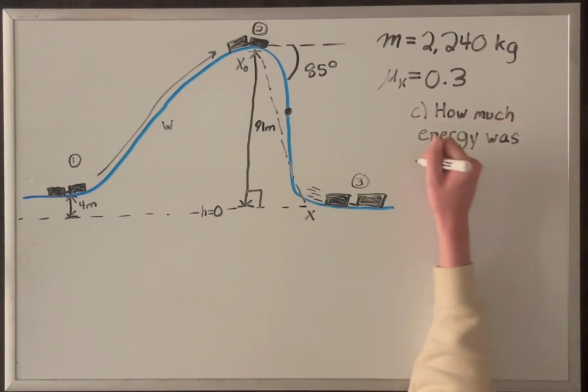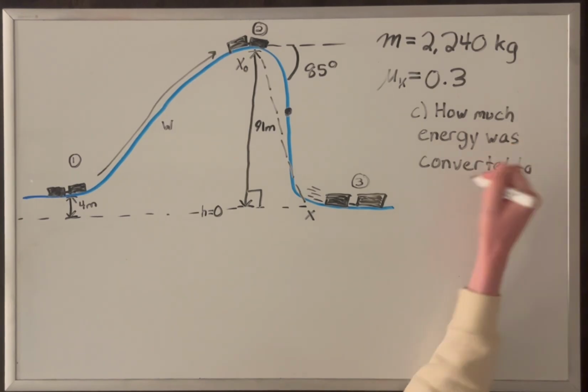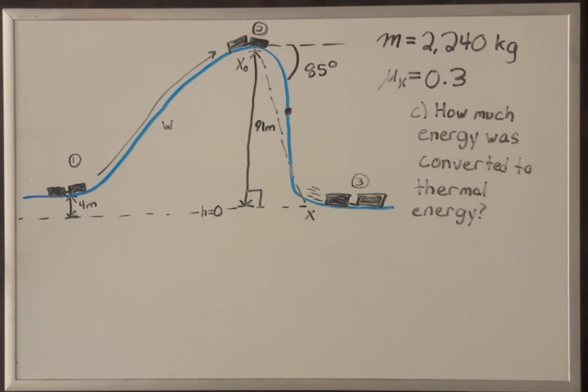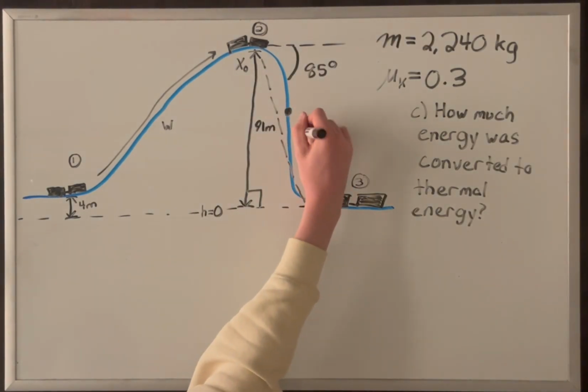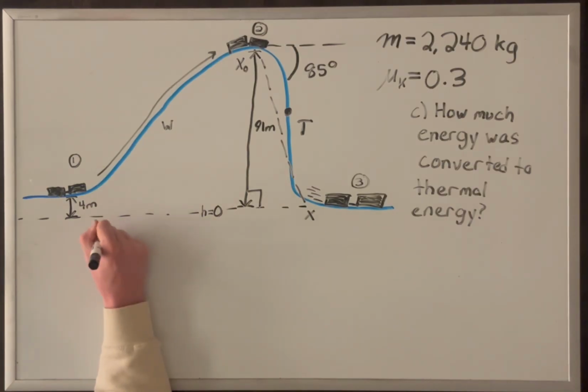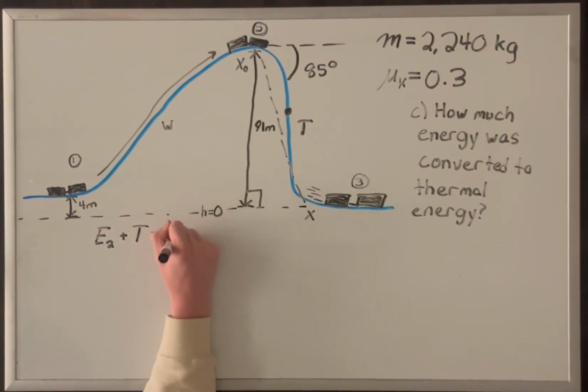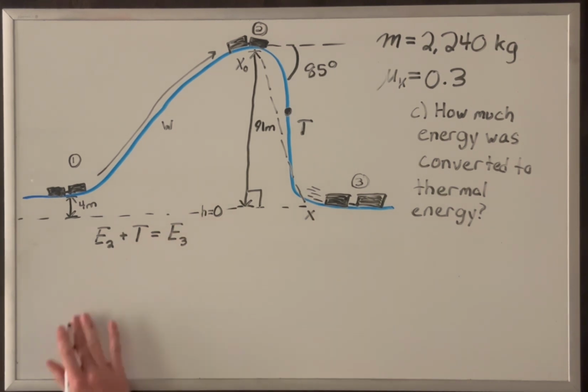How much energy was converted into thermal energy as it moved from point 2 to point 3? So this is going to be the energy that was lost by the train over this part. To begin, let's use the same thing that we used for part A. We're going to use the work energy theorem.